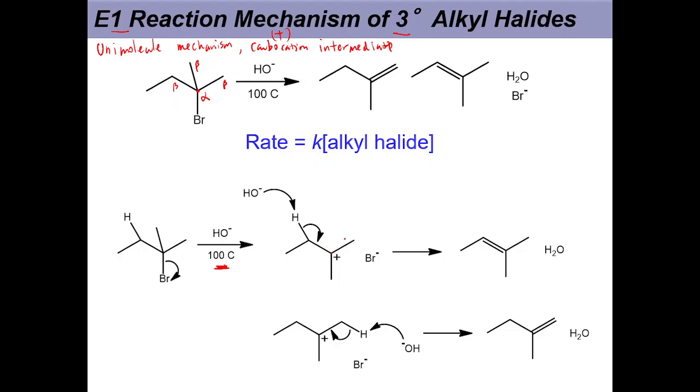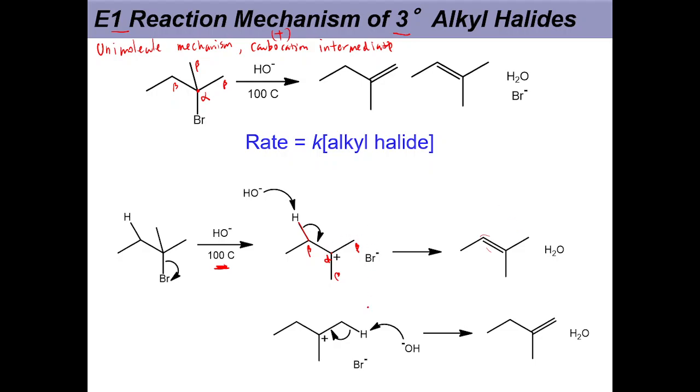Now of course, with a positive charge here, that will make all of the beta carbon or beta hydrogens particularly acidic. When the base is present, the base will pick up the beta proton, and just like in the E2 mechanism, when the base picks up the proton, this pair of electrons will flip to the alpha beta double bond, resulting in a new double bond, but at the same time, the bromide is gone.